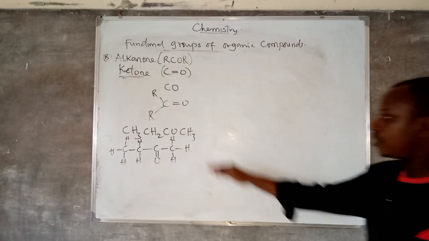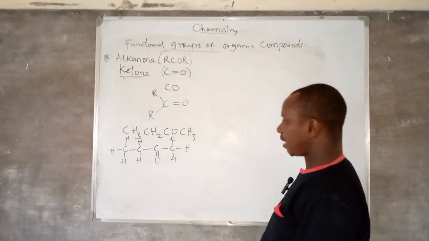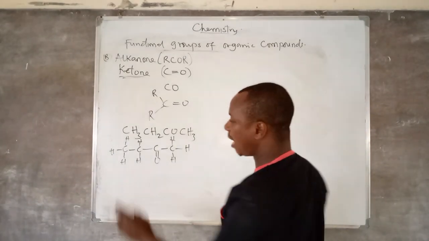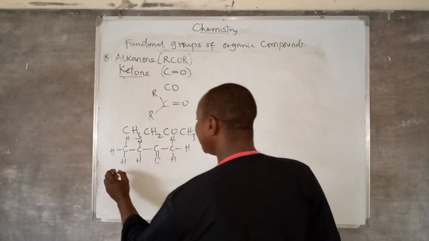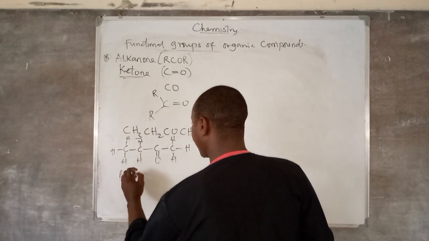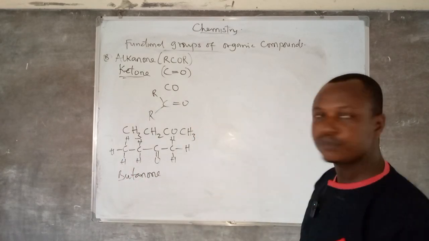The same thing, this is the condensed structural formula, while this is now the structural formula. How many carbon atoms does this have? 1, 2, 3, 4. So the name is butanone.